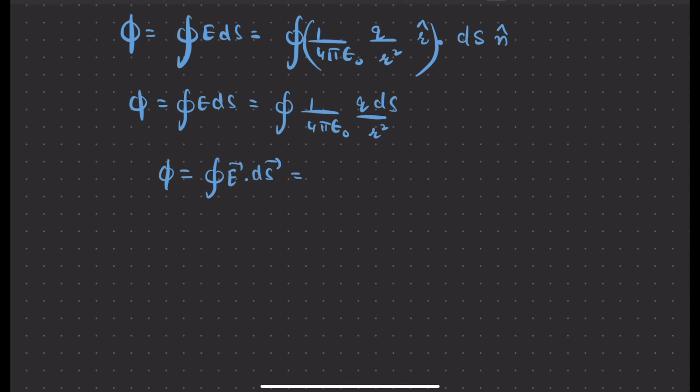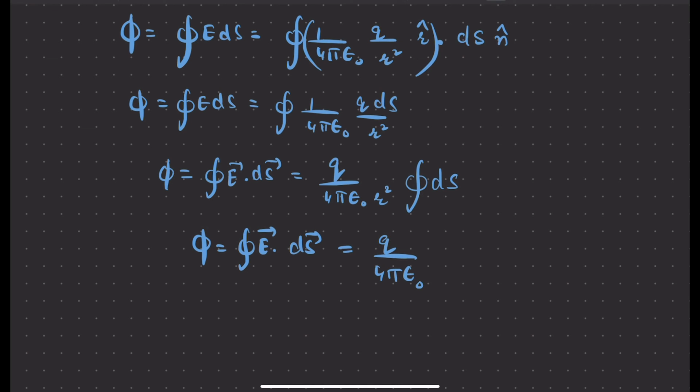So we have the final value, phi equal to closed integral E vector dot ds vector, equal to 1 upon 4 pi epsilon naught r square, with q taken out of the integral, and we are left with closed integral ds. Now this closed integral is taken for the surface which is spherical. Therefore phi, closed integral E vector dot ds vector, from where we started, is equal to q upon 4 pi epsilon naught r square, and we know the surface area of a sphere is 4 pi r square.